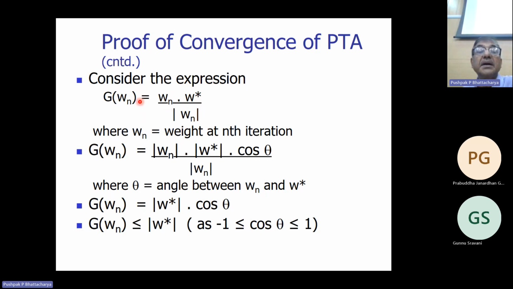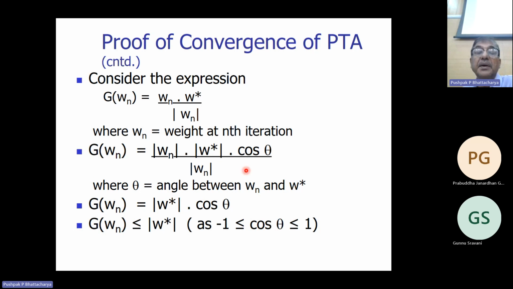So you can see the genesis where all this started. And this distance, we do not want to influence by the size of the vector. So that's why there is a normalizing influence by taking the mod of wn, dividing the dot product of wn and w star by that scalar.